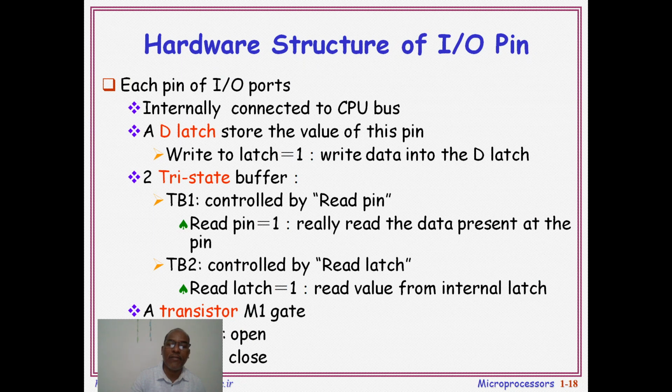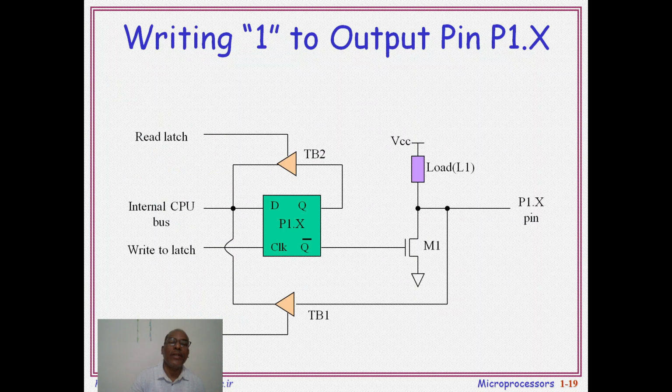A transistor M1 gate: gate 0 for open, gate 1 for close. If suppose we want to write 1, how can we write? See, write 1 to the pin, to the D flip-flop, and it writes a 1, and at Q bar it will indicate a 0.